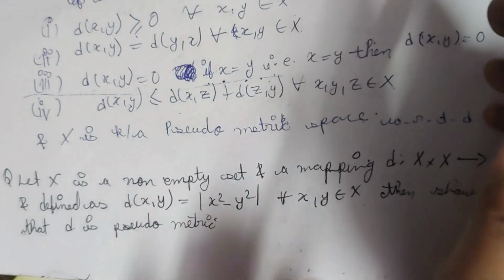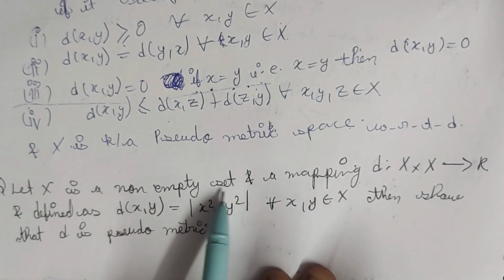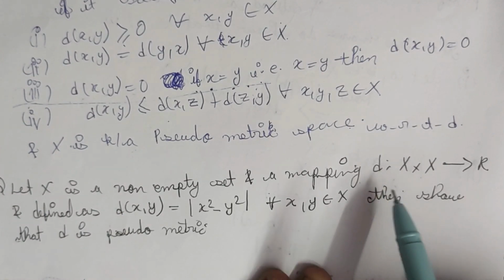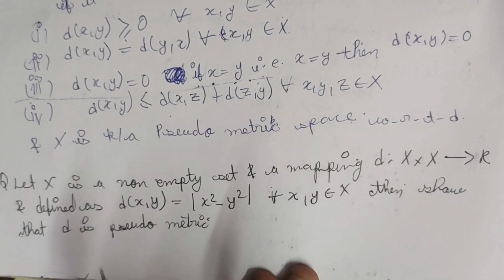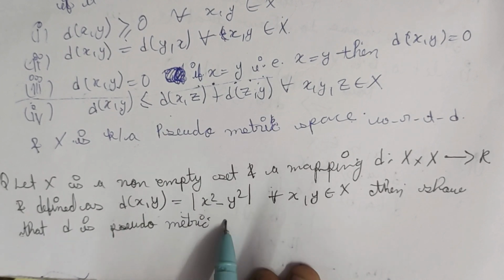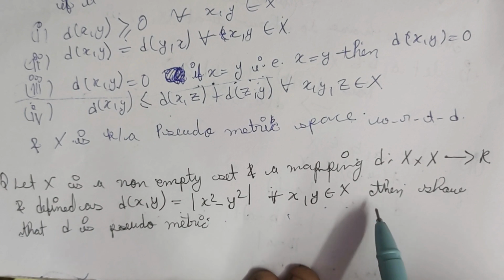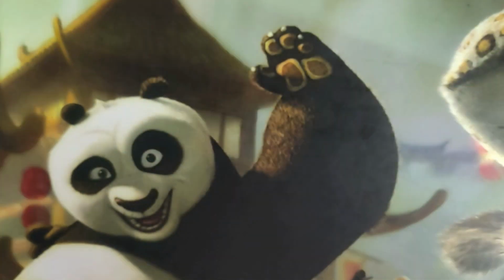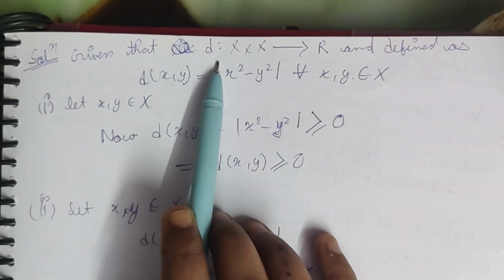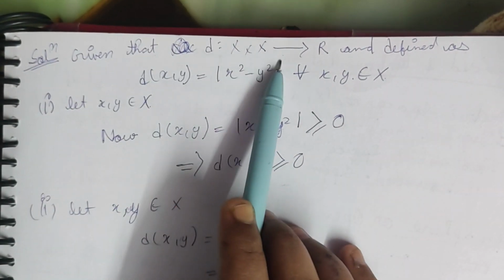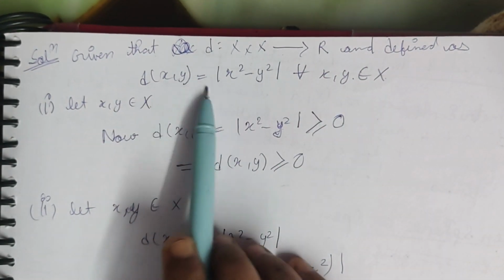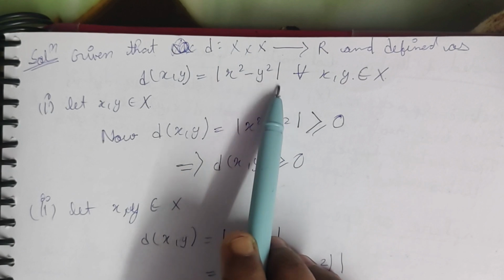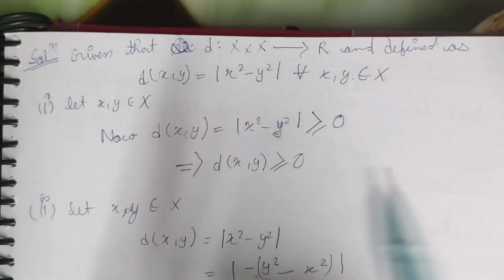Here also, let's talk about a question. Let X be a non-empty set and a mapping from X cross X to R defined as d(x,y) equals modulus of x squared minus y squared for every x, y belonging to X. Show that d is a pseudo metric space. We are given a mapping from X cross X to R defined as d(x,y) equals modulus of x squared minus y squared.